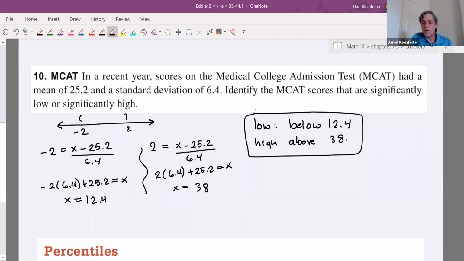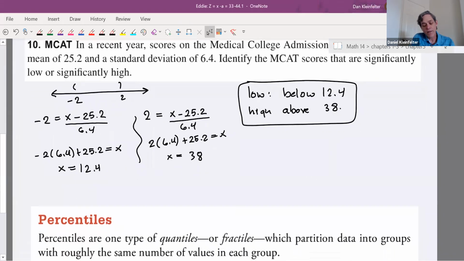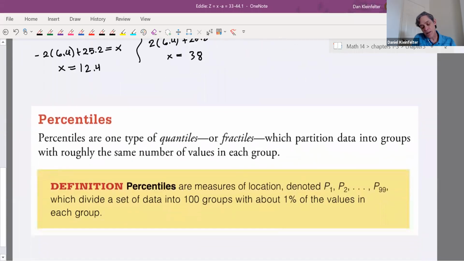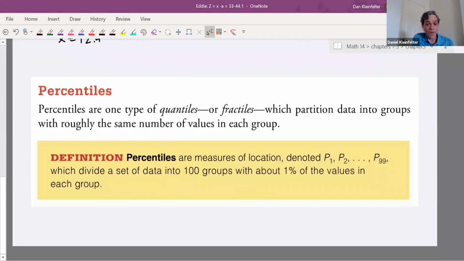Moving on next to the idea of percentiles. We've seen z-score as a way of describing relative position of values within a data set. Another way of doing it is by using what are called fractiles in general, and one particular type is percentiles. Percentiles are one type of quantiles or fractiles, which partition data into groups with roughly the same number of values in each group.